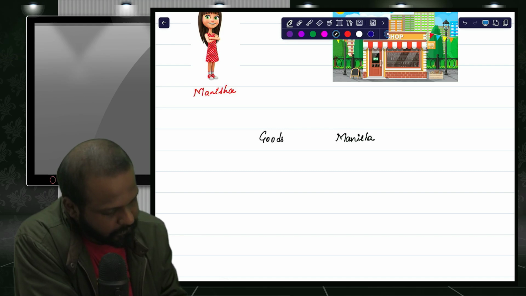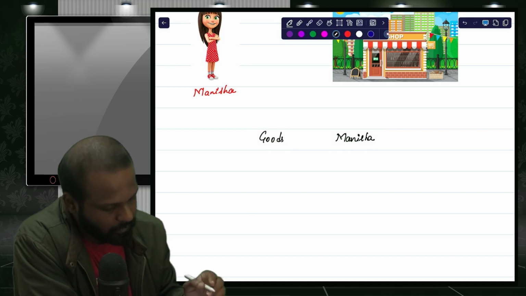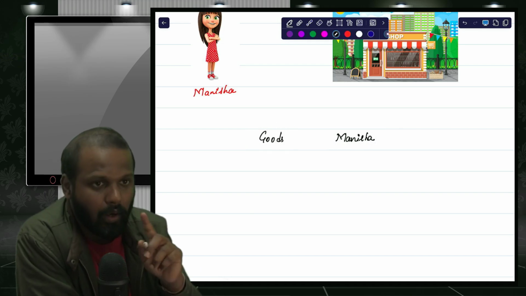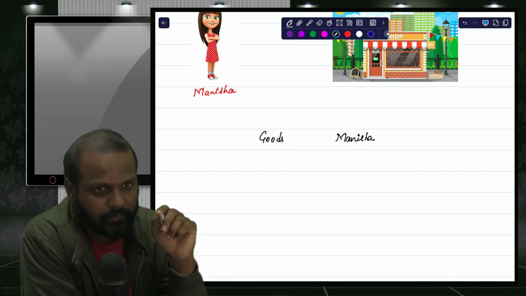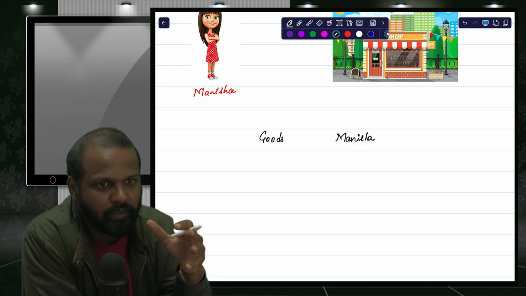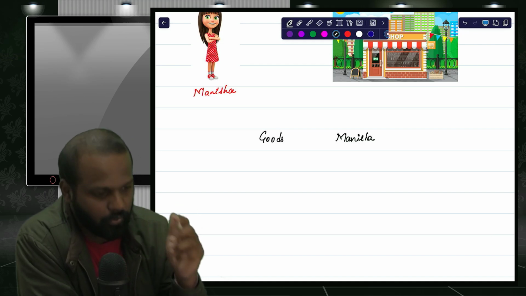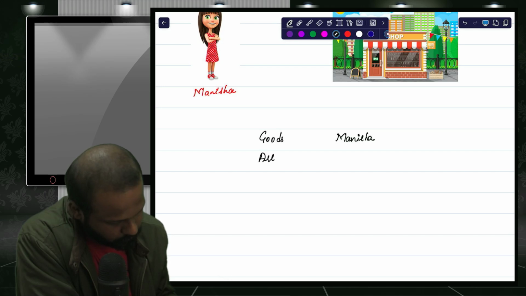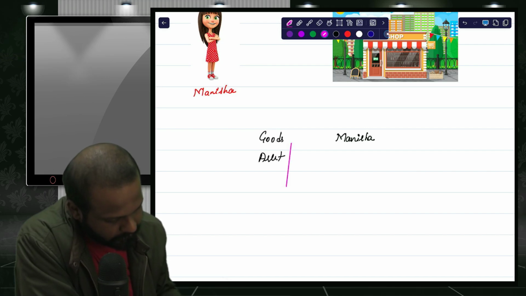So here two things are changing. One is goods, the other one is Manisha. First, goods is an asset out of those 5 terms. Assume that you have plenty of goods available with you, 10 lakh or 20 lakh or 30 lakh rupees of goods. Goods is an asset for you. And when you purchase the goods, goods will increase.